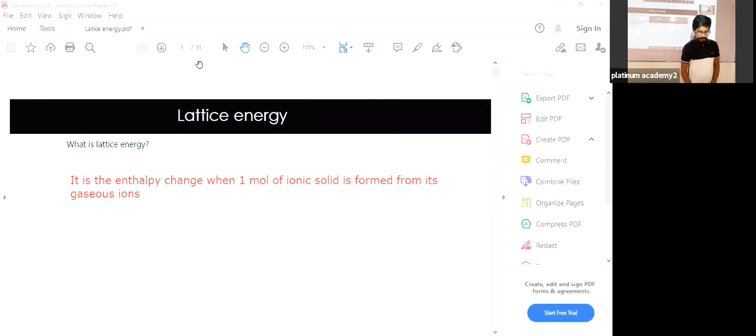So that is the enthalpy change, lattice energy.